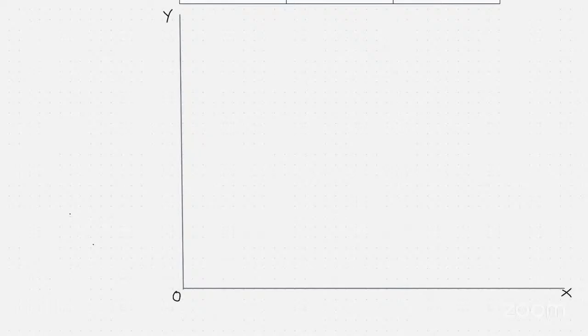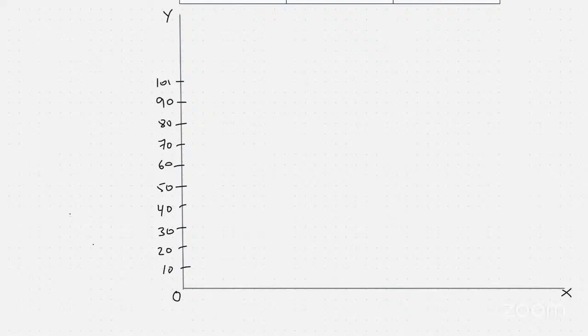Then from here we will mark, either you can mark 60, 65, 70, 75, 80, 85, or you can mark 10, 20, 30, 40, 50, 60, 70, 80, 90, 100.